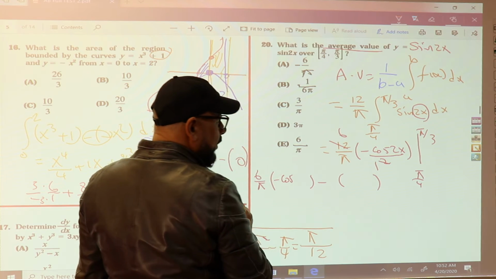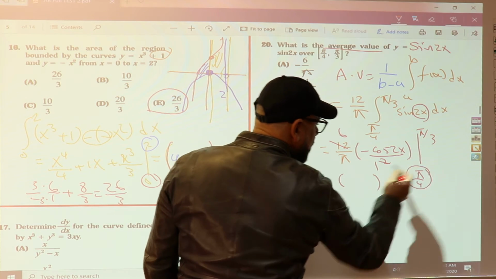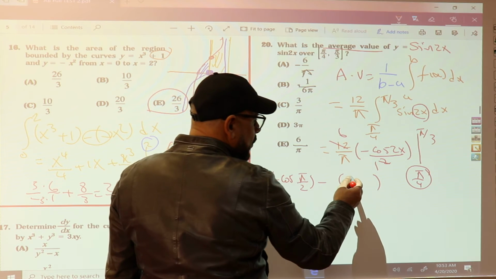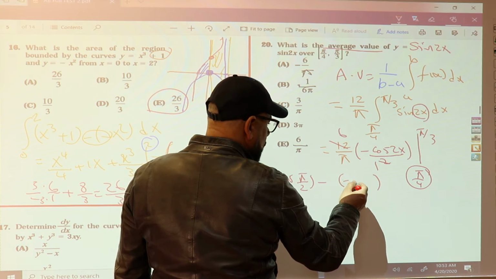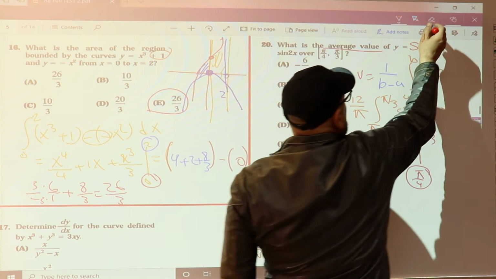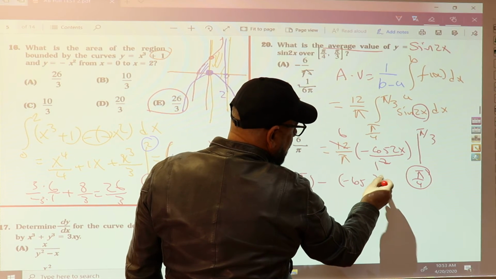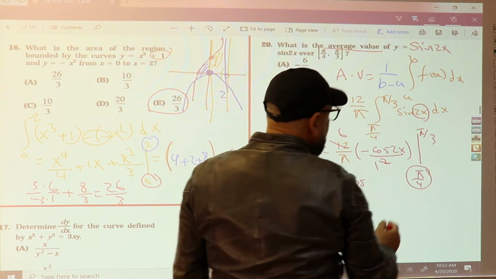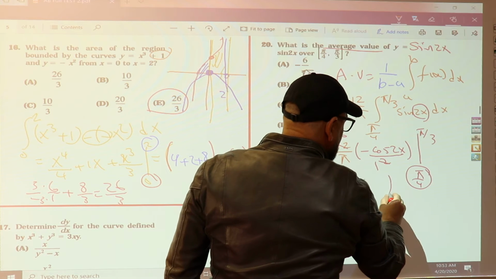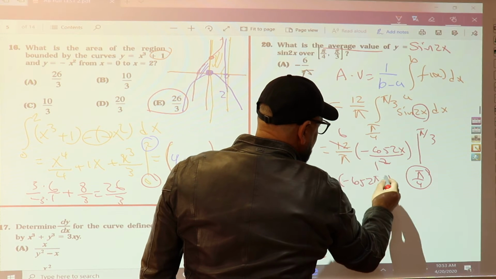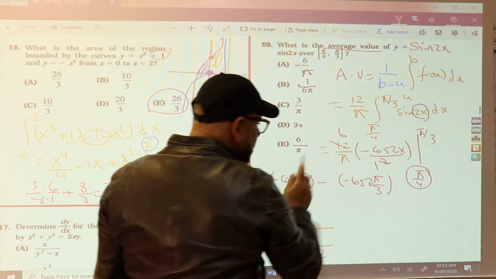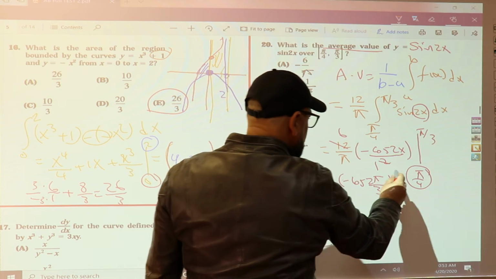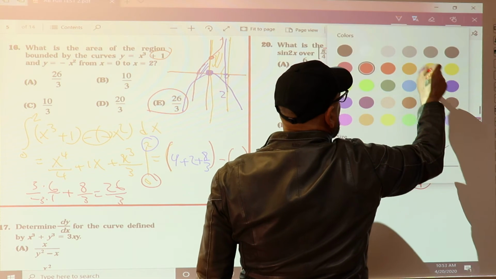cosine 2 times pi over 4 is pi over 2. Cosine, let me give myself more space. Cosine 2 pi over 3. Cosine pi over 2 is 0.